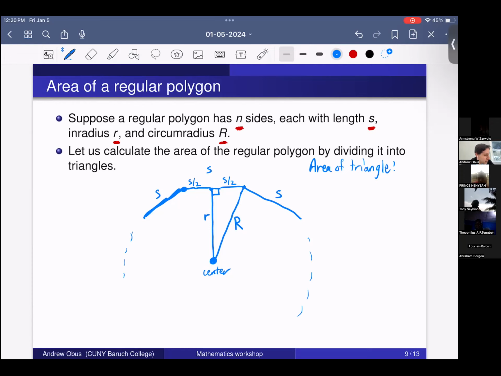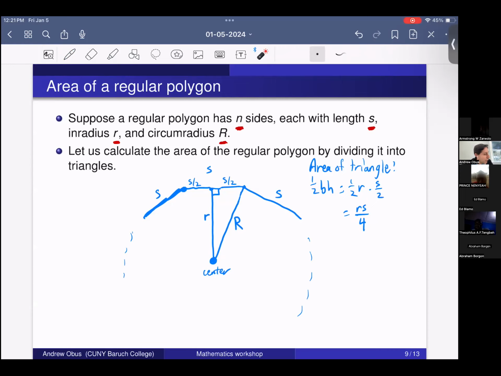The area of a triangle is 1/2 base times height, which in this case is 1/2 multiplied by r, multiplied by s over 2. If we cancel off, this becomes rs over 4. So this area of the triangle is rs over 4.